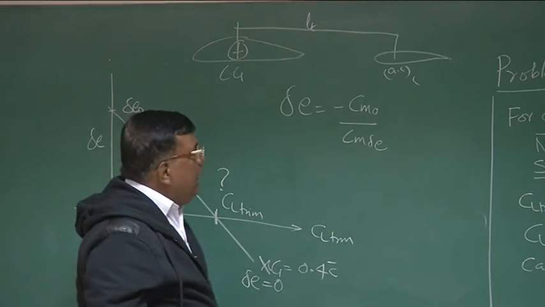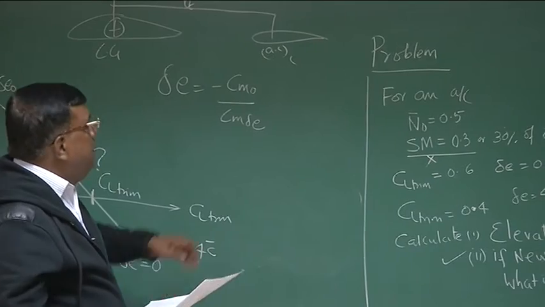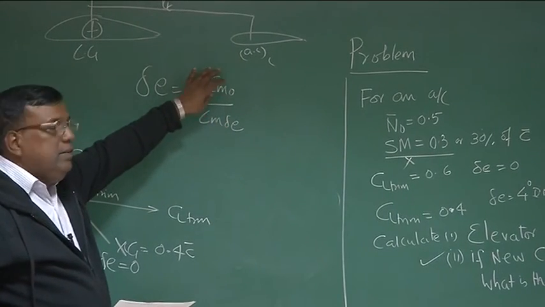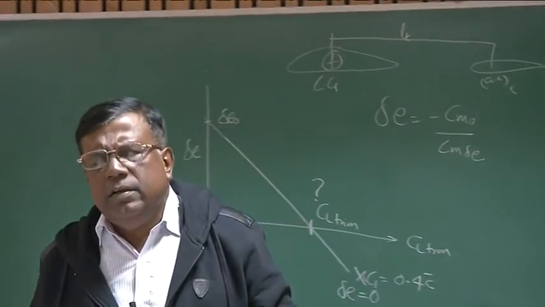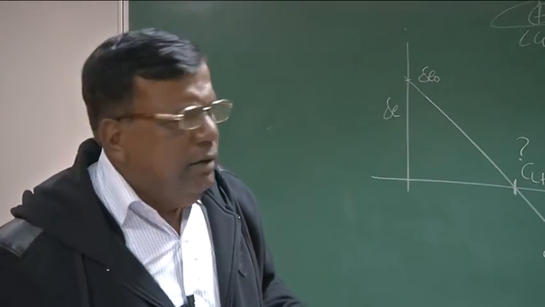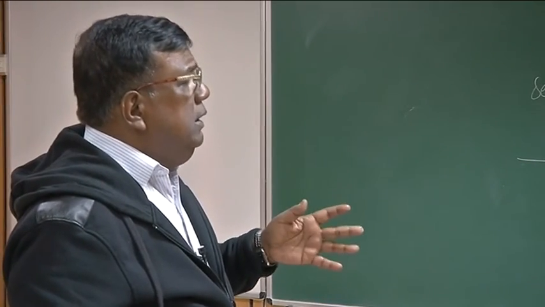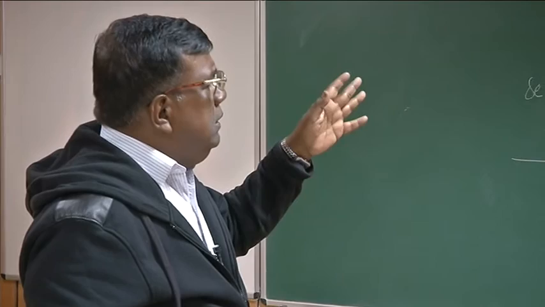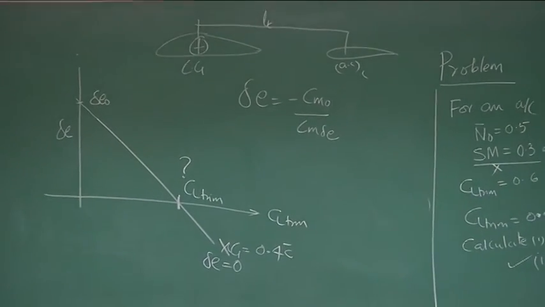But we are assuming that this change in CG is not affecting the value of Cm delta E or Cm naught. Please understand this is an assumption, and practically it is true also, right? The variation will not be large. But in this problem, we are constraining that although the CG has changed, that will change Lt, we are assuming that Cm delta E, Cm naught are same.